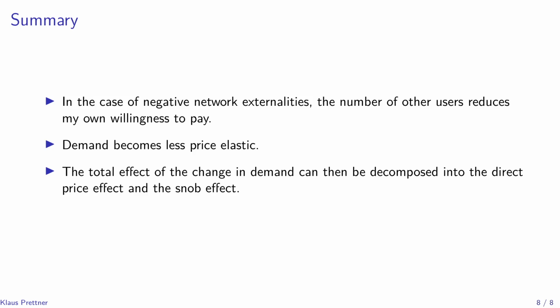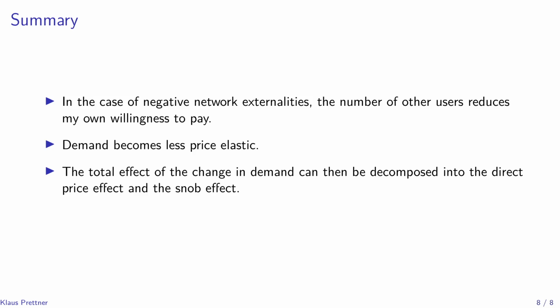So to summarize, we have seen that in the presence of negative network externalities, the number of users reduces an individual's willingness to pay for this particular good, and as a result, the demand function becomes much less price elastic. Again, we can decompose the total effect into the change in demand that is due to the pure price effect and the change that is due to the Snob effect.